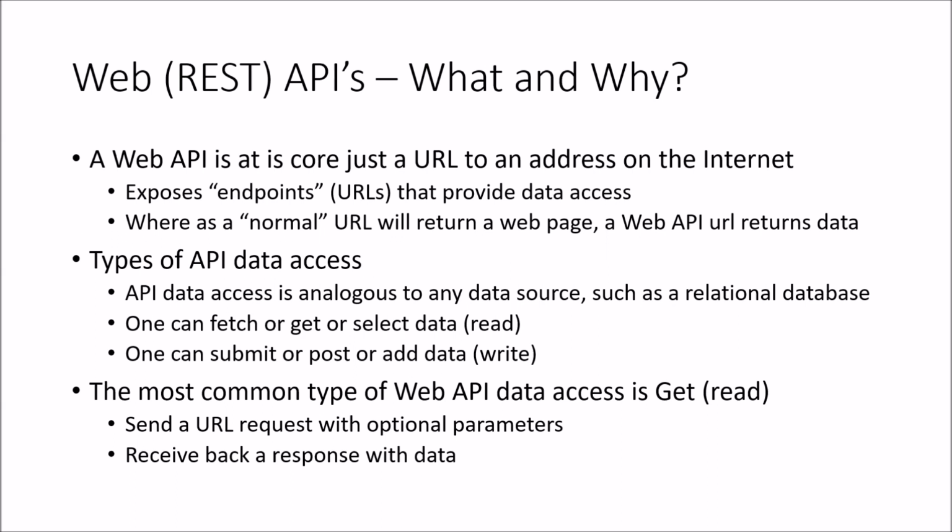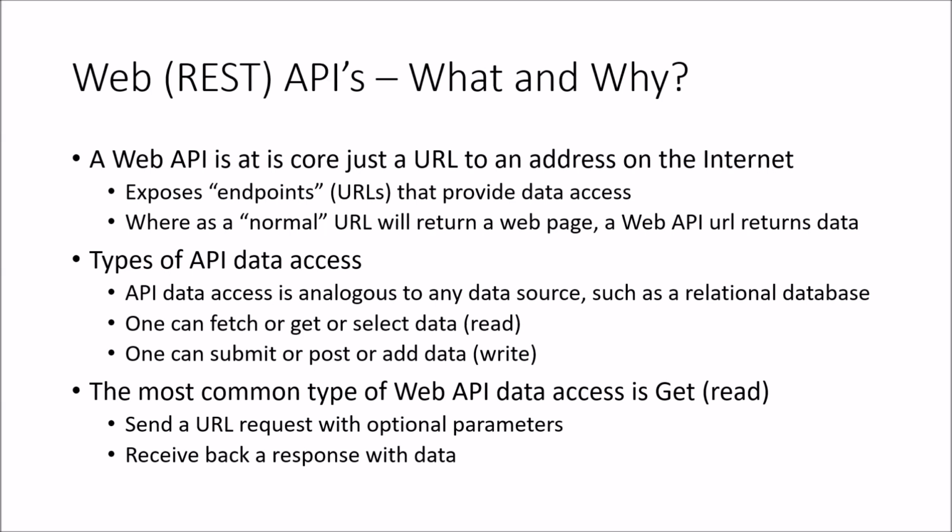Just like you would have www.daaug.org or www.microsoft.com, a web API at its basic level is just a URL. So it uses the internet to have access to data. That is its call protocol. The API exposes endpoints, or URLs, that provide data access.